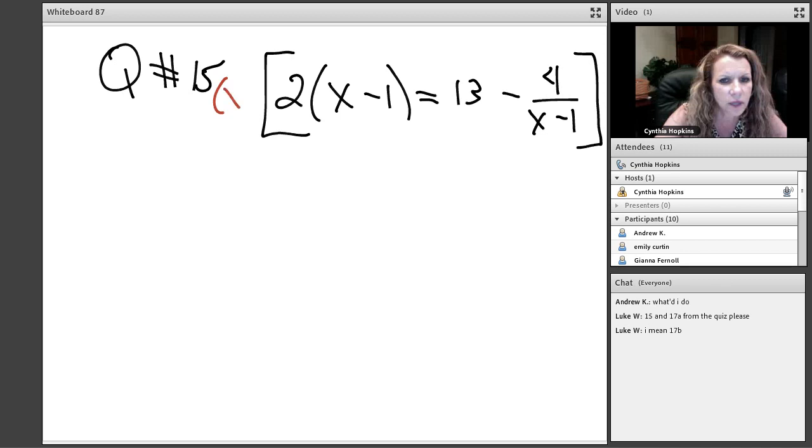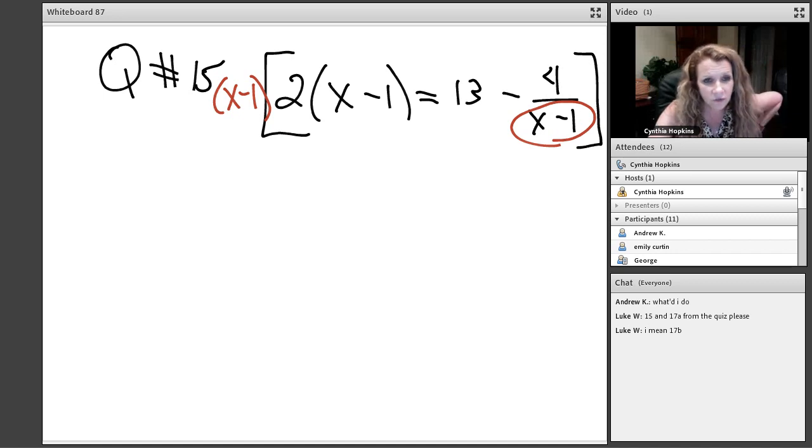So I'm going to multiply by x minus 1 specifically to get rid of this denominator, but every single term has to get multiplied by x minus 1. I wanted to double check to make sure that I copied that right. And I did. Okay, so every single term has to get multiplied by that x minus 1.